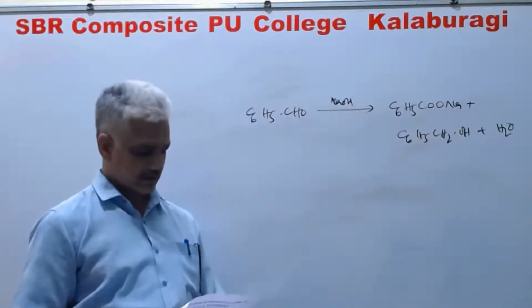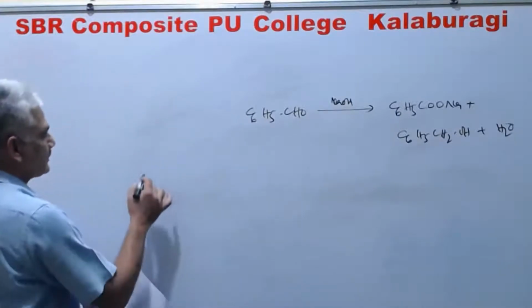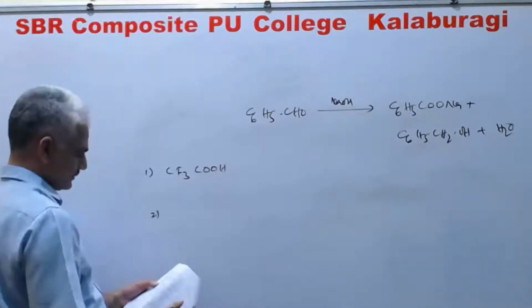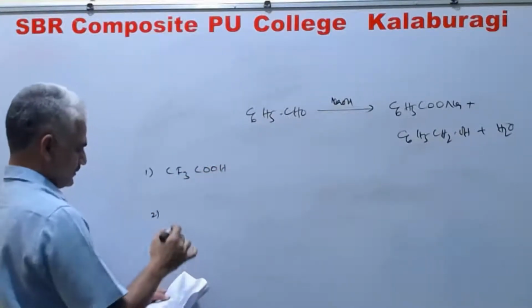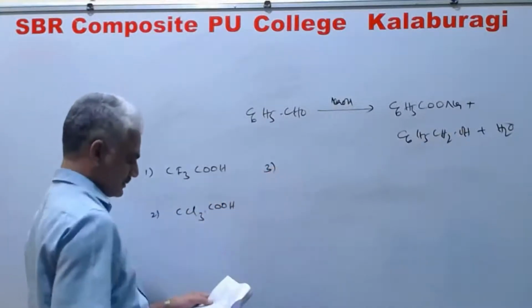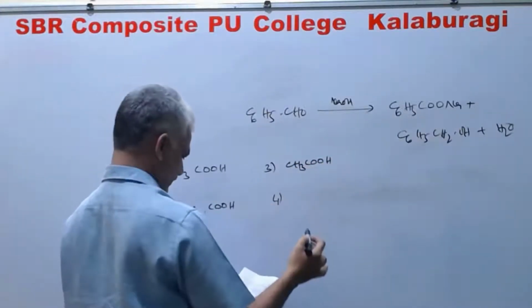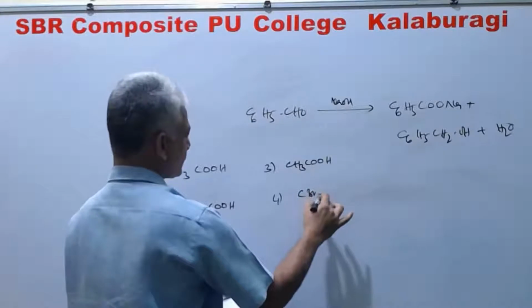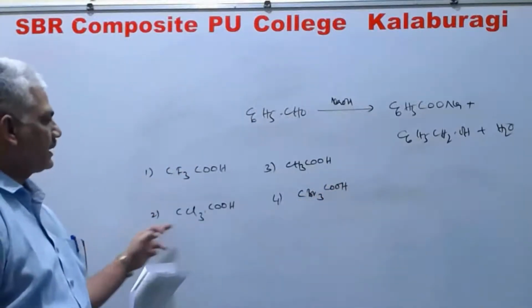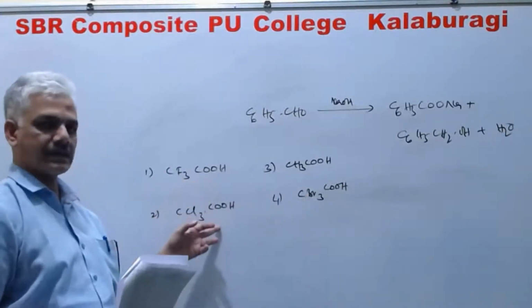Next, 18th one. Select the strongest acid. Given options are. So first, second, and fourth options have halogenated carboxylic acids.